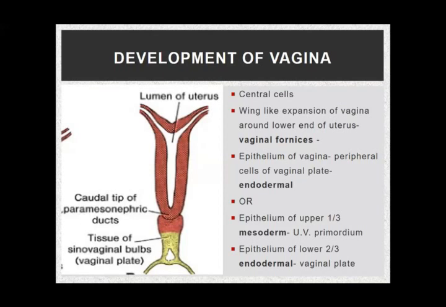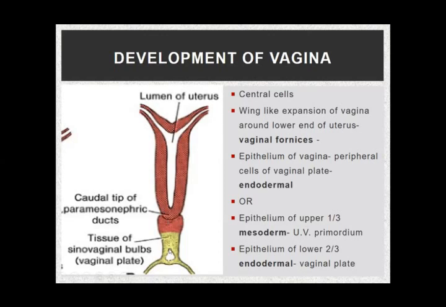So this part of the vagina that surrounds the lower end of the uterus develops into the fornices of the vagina. You know there is a posterior fornix, an anterior fornix, and two lateral fornices. So these fornices are simply wing-like expansions from the developing vagina.